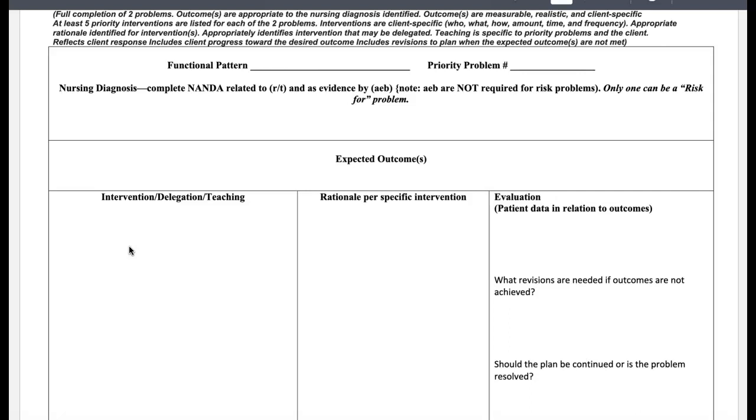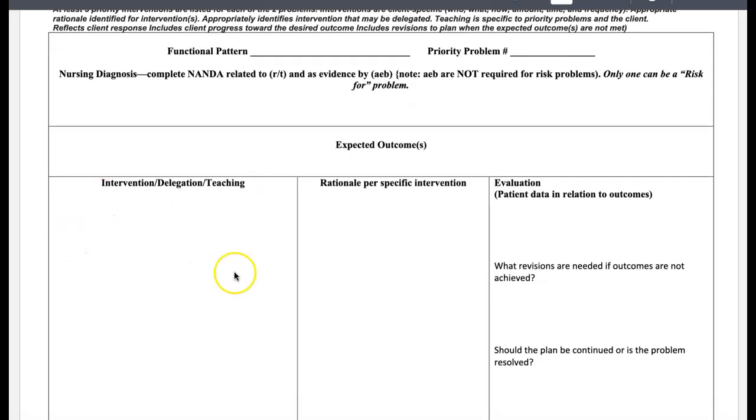It might be that you are assisting with meals, because maybe they have troubles with eating. You're going to offer high-calorie snacks between meals, and offer 5 small meals instead of 3 big meals. We know that's never the answer on an NCLEX question, right? So whatever your interventions are going to be, you're going to fill those out appropriately, and then give the rationale for why you're doing that.